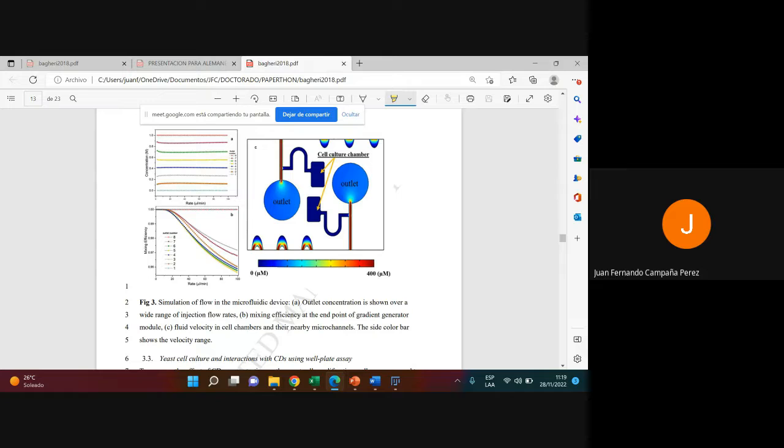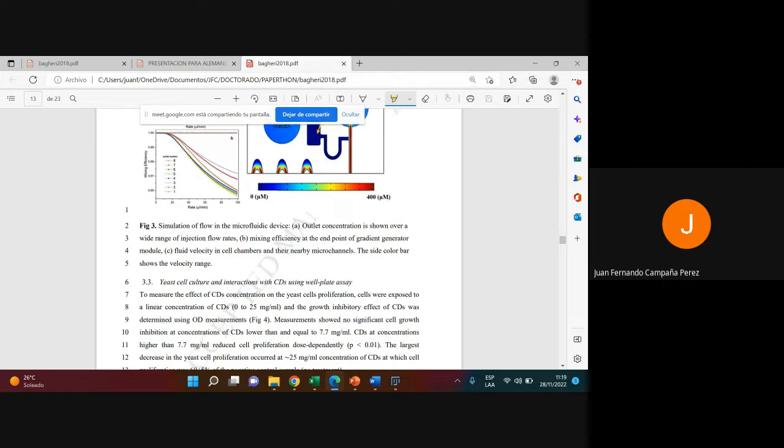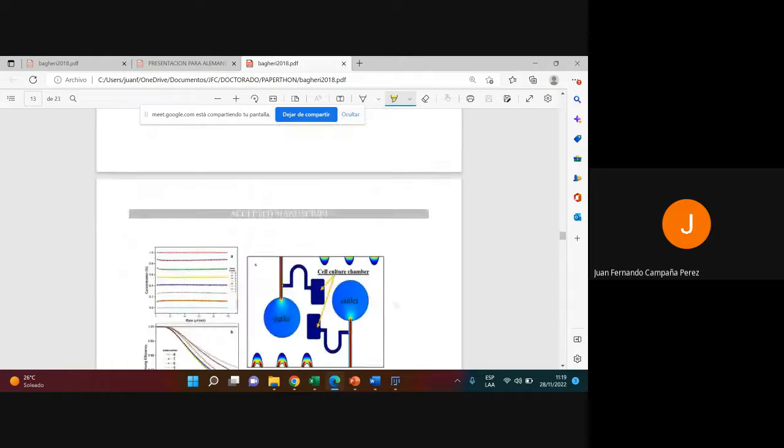And this demonstrates the effectiveness of the tree network design for mixing the dilutions.